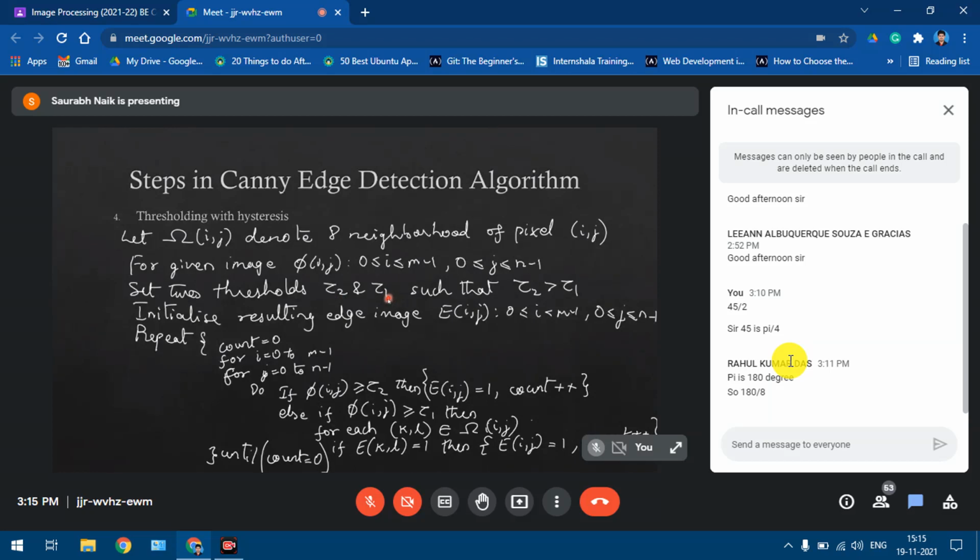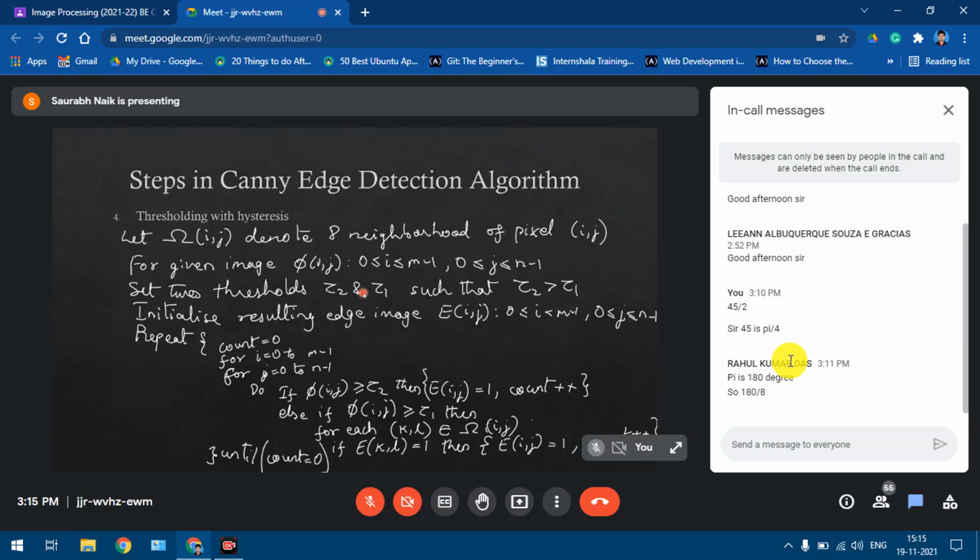Okay, secondly, if it belongs to this range, that is, if it is greater than tau 1 but less than tau 2, then what we do is we basically check the neighborhood pixels of that current pixel, and if one of those neighboring pixels belongs to any edge that we have already decided, then only we consider this current pixel as an edge pixel.